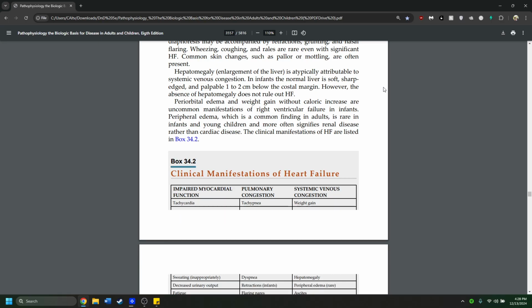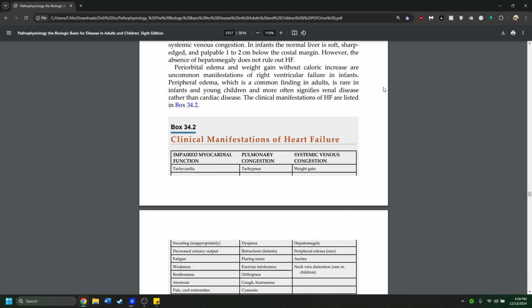So, for instance, with impaired myocardial function there is tachycardia, pulmonary congestion is tachypnea, and systemic venous congestion means there is weight loss. Whereas if our impaired heart function is sweating inappropriately, the pulmonary congestion is dyspnea, and the systemic venous congestion is hepatomegaly.